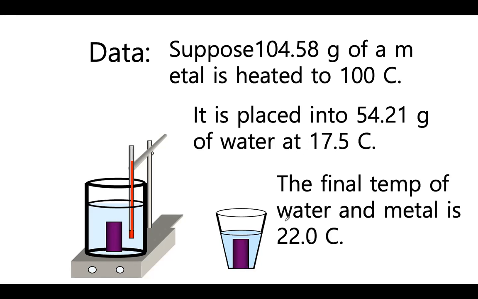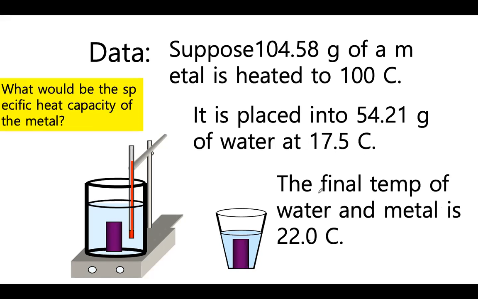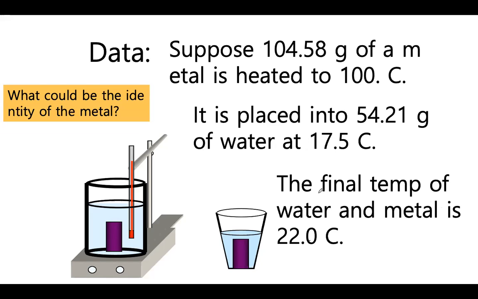The final temperature of the water and the metal is 22.0 degrees Celsius. So what would be the specific heat capacity of the metal? But let me just add one more slide here and come back for the calculation.